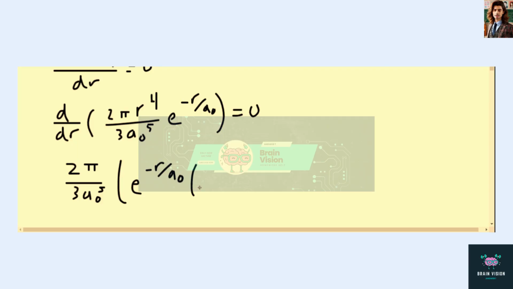So this is times 4 times r to the third, plus r to the fourth. And then we're going to take the derivative of what's in the exponential. So this is e to the minus r over a naught times the derivative of what's in the exponent, which is negative 1 over a naught. And this is all equal to 0.